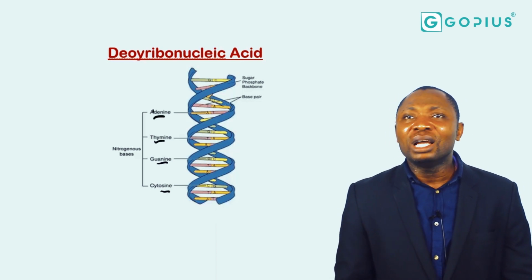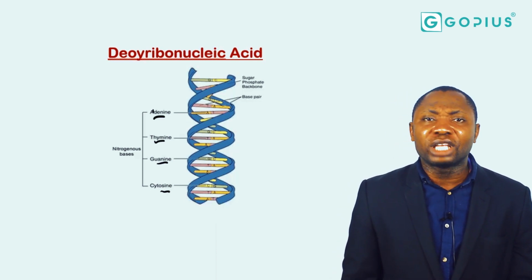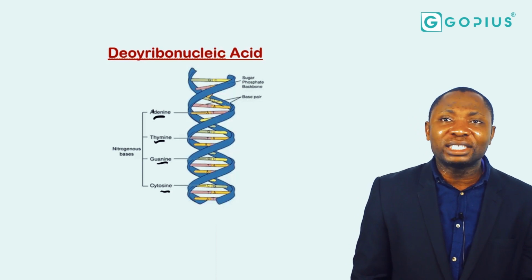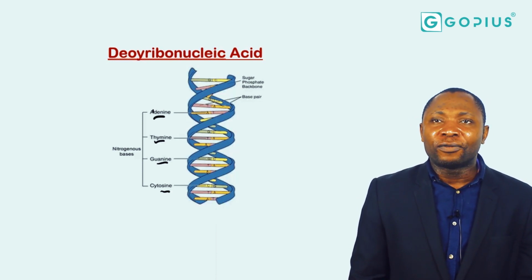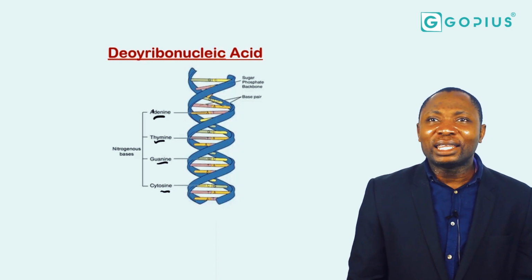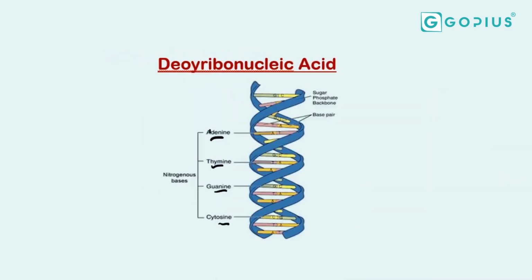Now, these various nitrogenous bases complement each other, as in they have affinity for each other. Adenine has attraction for thymine. Thymine has attraction for adenine.